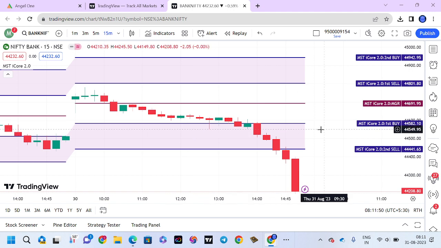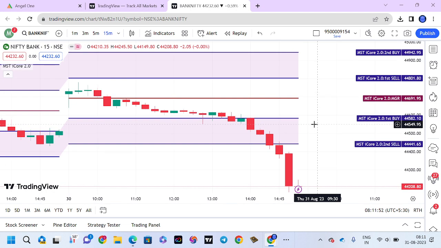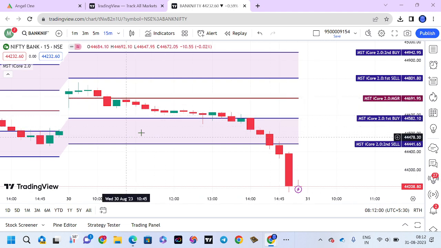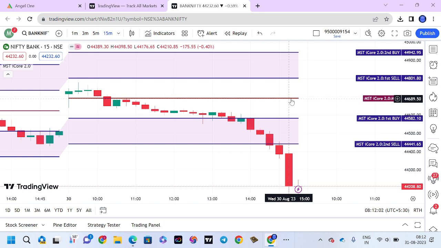option. Don't forget, in the money call option, minimum 200 points in the money, so that the movement will match with the spot value. Suppose the market reaches the target, but if you have taken out of the money or at the money, the movement will not be there because of the delta value. If you are taking at the money, the movement will be 0.5. Suppose there are 100 points of movement in the spot, then in the ATM only 50 points will move.